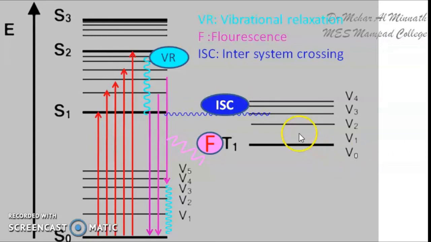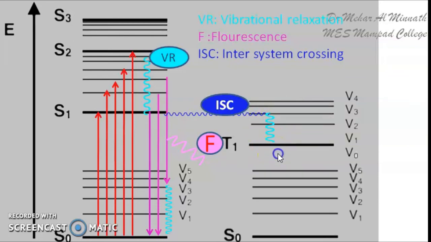Now, once intersystem crossing has happened, that is, once the electrons have reached the triplet state, it can again lose energy via vibrational relaxation from higher vibrational energy level of the triplet state to the lowest vibrational energy level of the triplet state, or this particular electron can move down to the ground state.